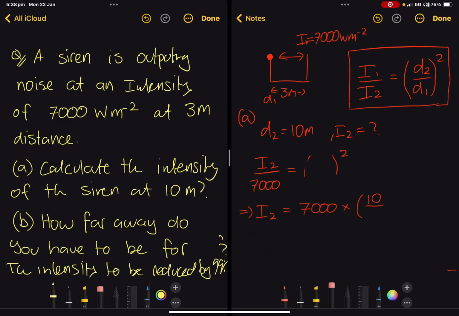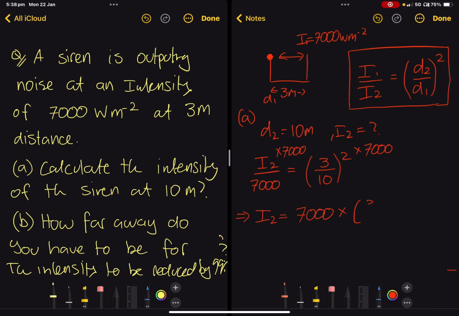We've rearranged this wrong. We have to be very careful here. It's very easy to mess these up. So intensity 2 over 7,000 is d1 over d2. d1 is 3 over d2, which is 10, all squared. Multiply both sides by 7,000. This gives us I2 is 7,000 times 3 on 10 squared.